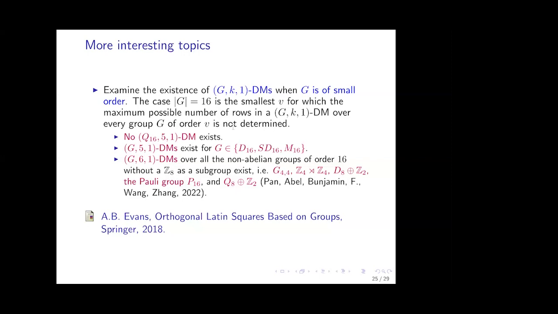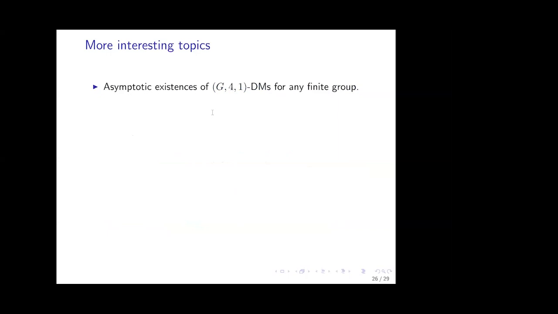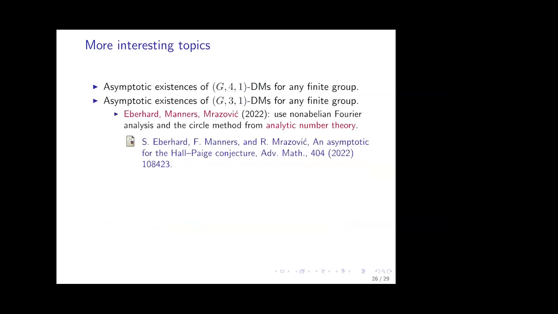Another interesting problem is to consider asymptotic existence. Why did I mention this topic for 4 rows? Actually, there have been several papers in very recent years for 3 rows.